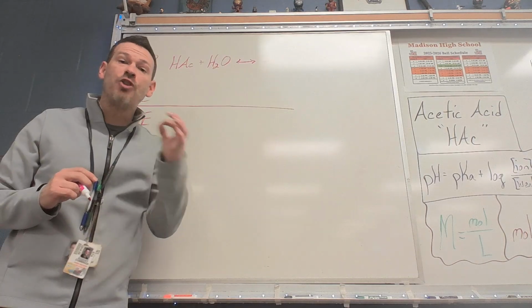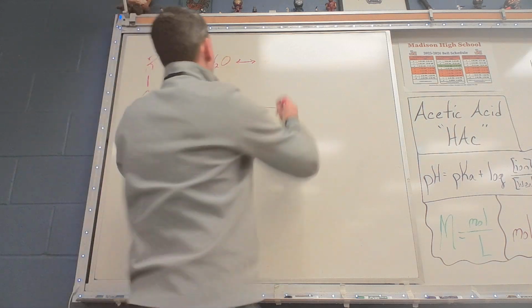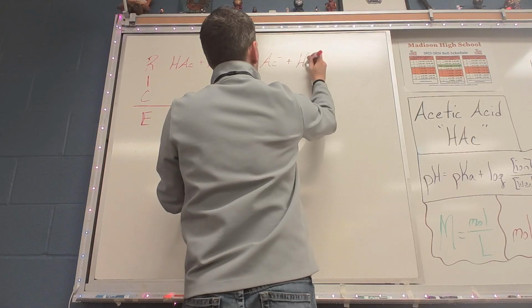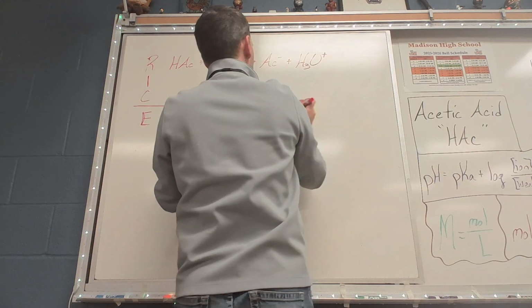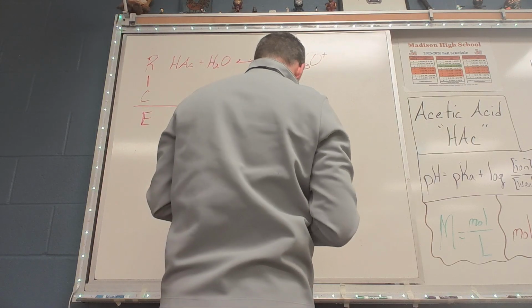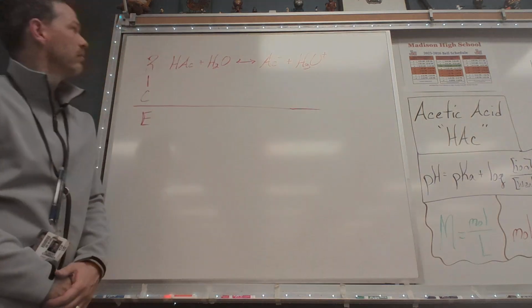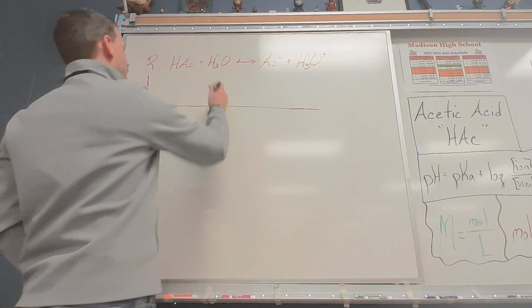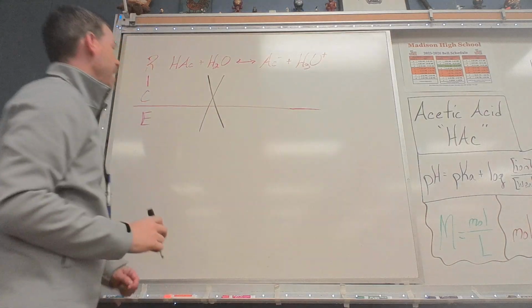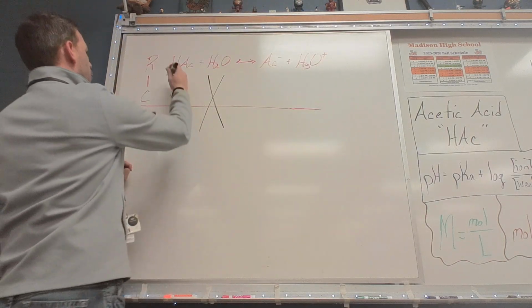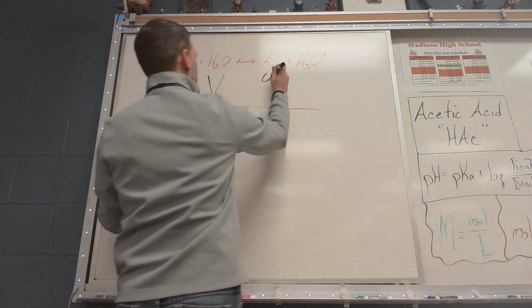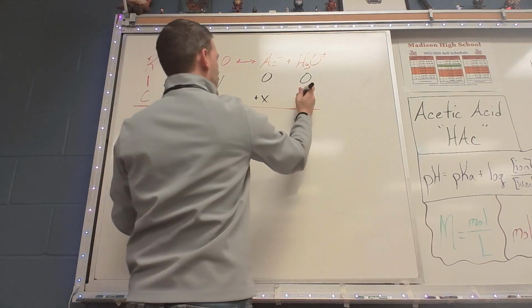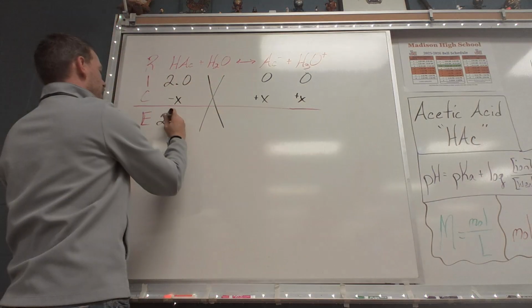Acids are proton donators, so the H plus moves over, which is going to give you acetate ion, and one of our best friends, hydronium. Right, water is liquid in a rice table. We do have a molarity given to us of 2. Shift I plus C.